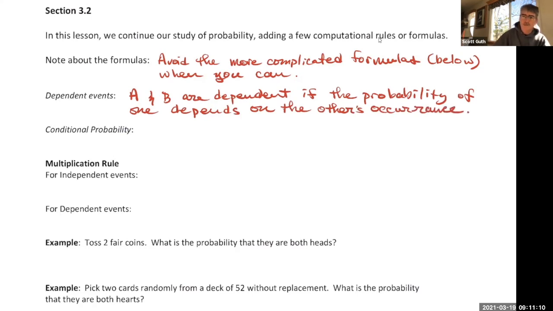Okay, so sometimes the second you know one thing's occurred, that changes the probability of the other.